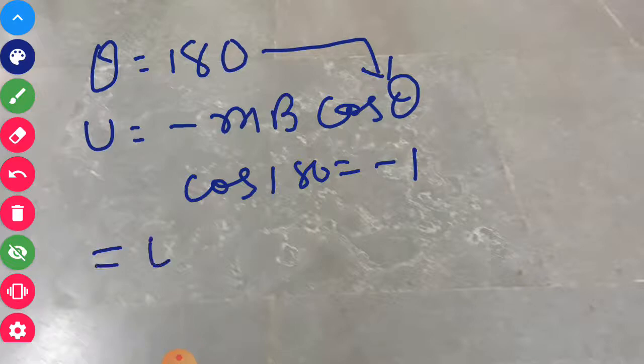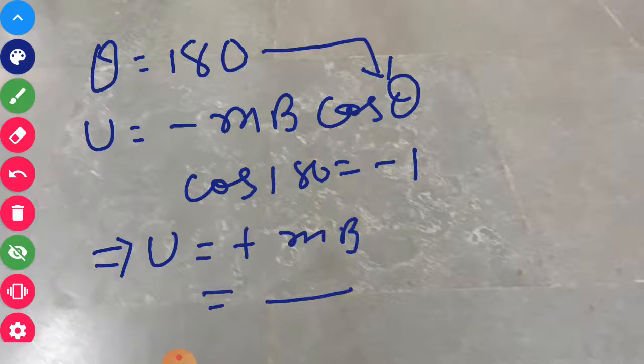So this value U will be equal to positive mb, the value which we have got earlier, with positive sign. This will be the maximum potential energy, roughly 0.048 joule. So this is for unstable equilibrium.